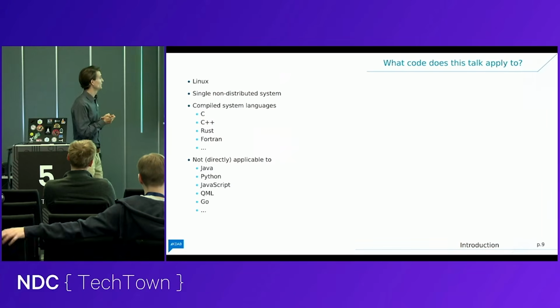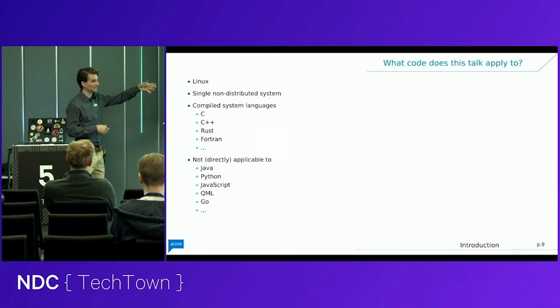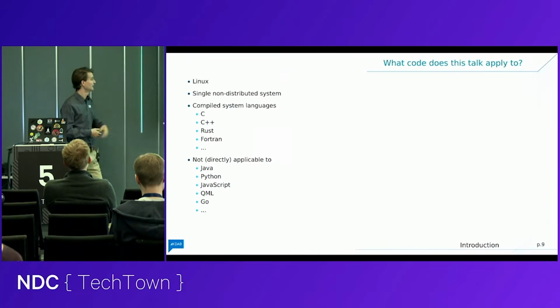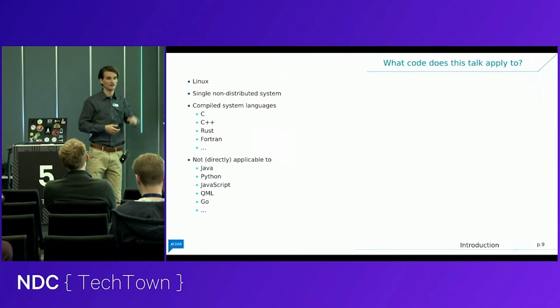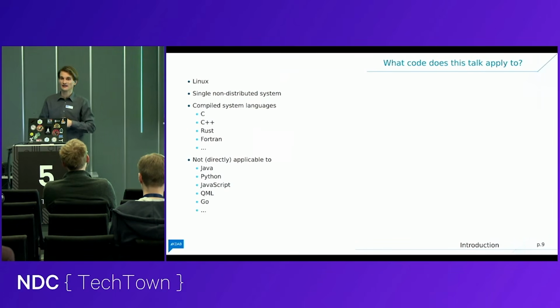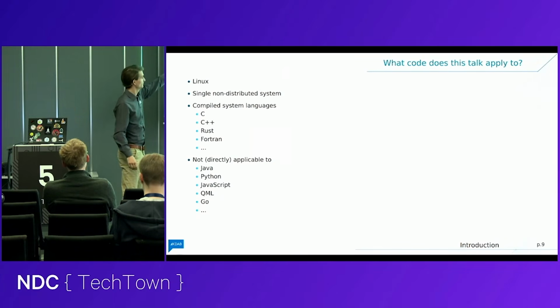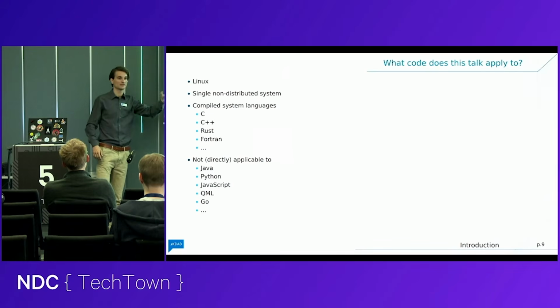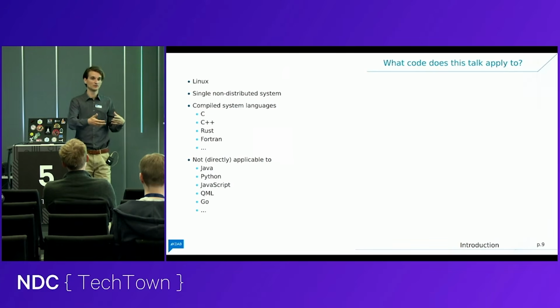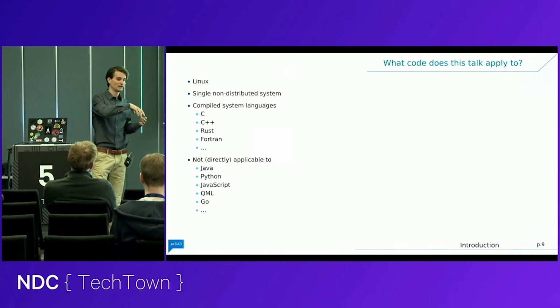But as soon as you go into the more, well, managed languages or something like Go that decided to not follow the standard ABI, then you're on your own basically, and you will have to use a different tool. Or in the case of Java and Python, and even V4 and QML, there are sometimes tricks that the VMs give you to essentially get some knowledge of what is happening within their managed environment.